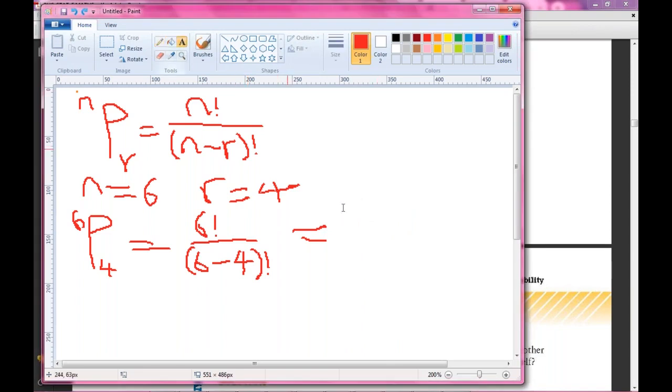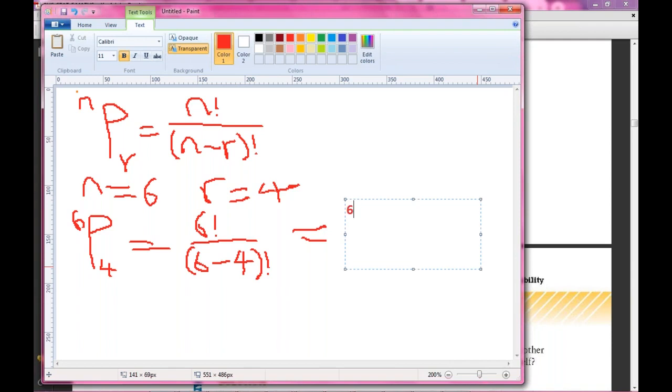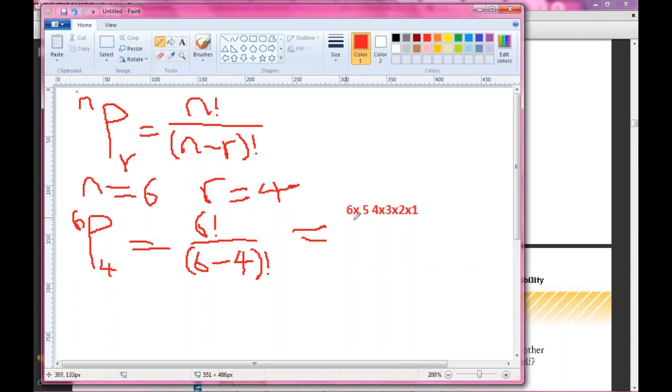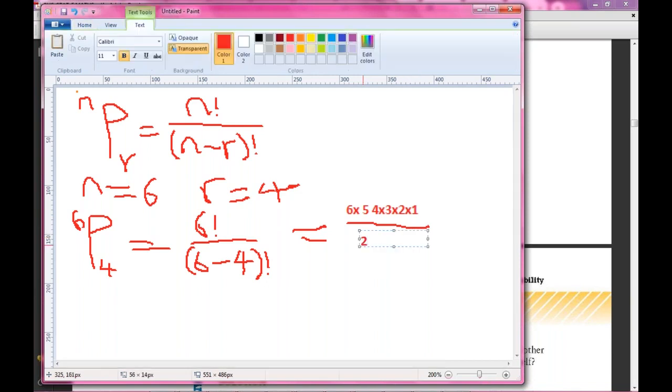So it's going to be 6 times 5 times 4 times 3 times 2 times 1 all over, and all this will be divided by 6 minus 4, which is equal to 2. So you're going to have 2 factorial, and 2 factorial simply means 2 times 1.